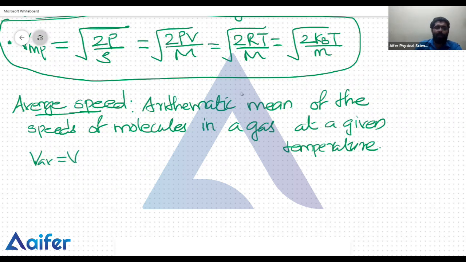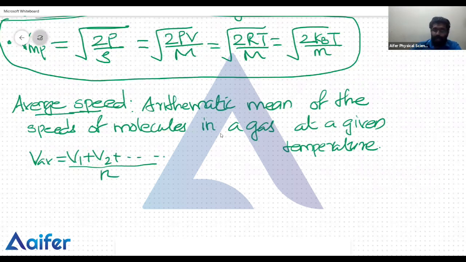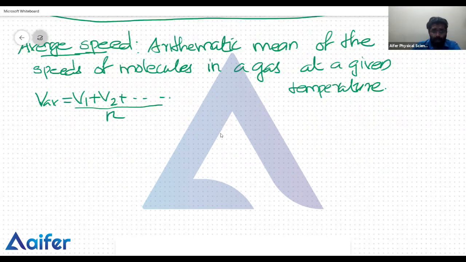So what is V average? The arithmetic mean of the different speeds: V1 plus V2 plus and so on, divided by N. Suppose N molecules are there; I will use capital N because we have already taken N molecules.